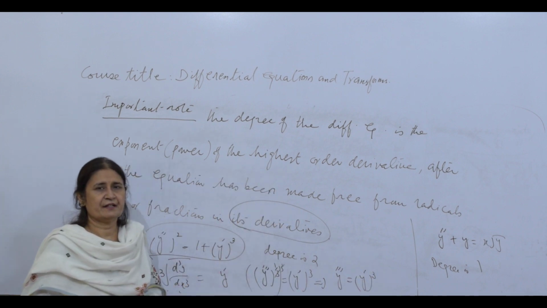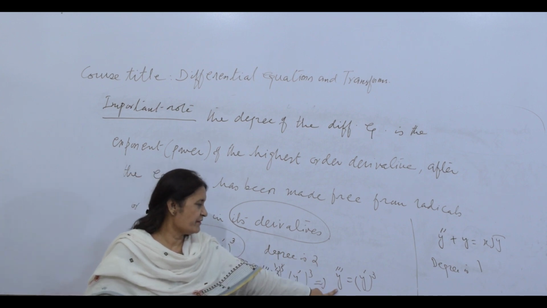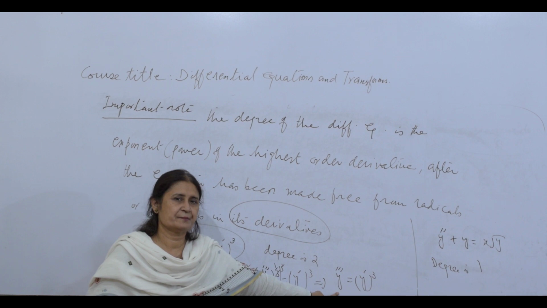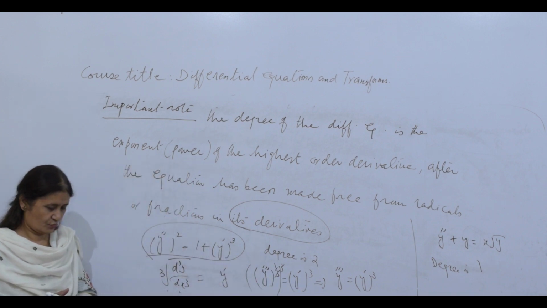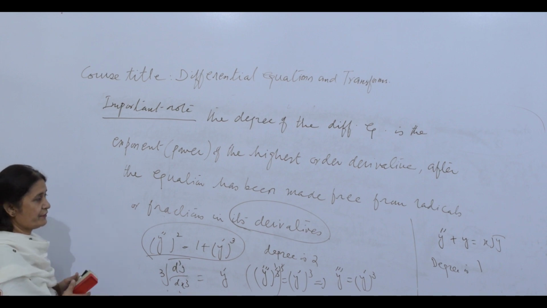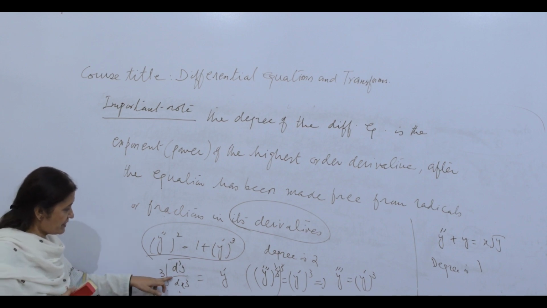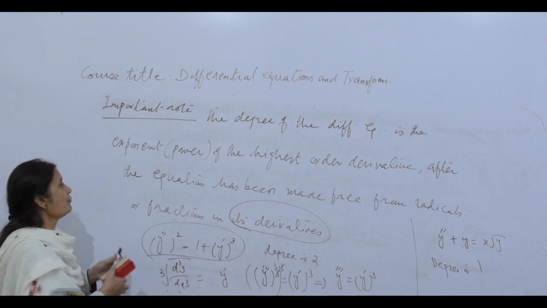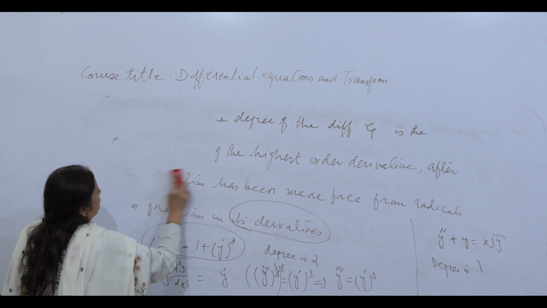What will be the degree here? The highest order derivative is third order, its exponent is 1. So the degree is 1 in this case. So if a differential equation has a derivative under the radical sign, before telling the degree you have to remove the radical sign.